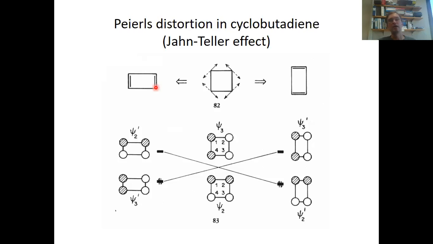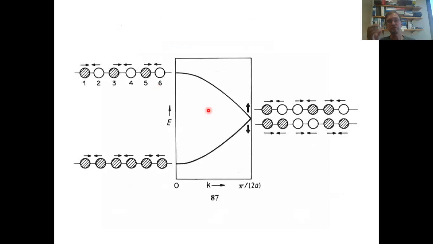Now the same can also happen in an extended solid. Here we have our folded band. Now look at these 2 non-bonding orbitals.